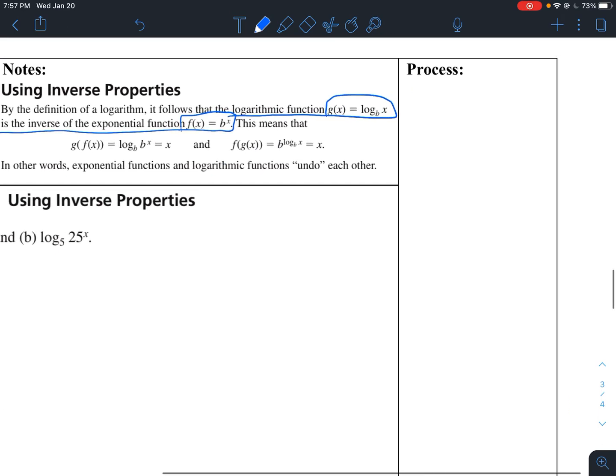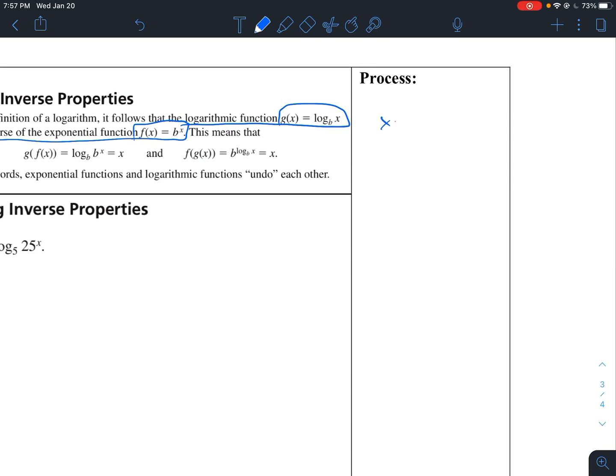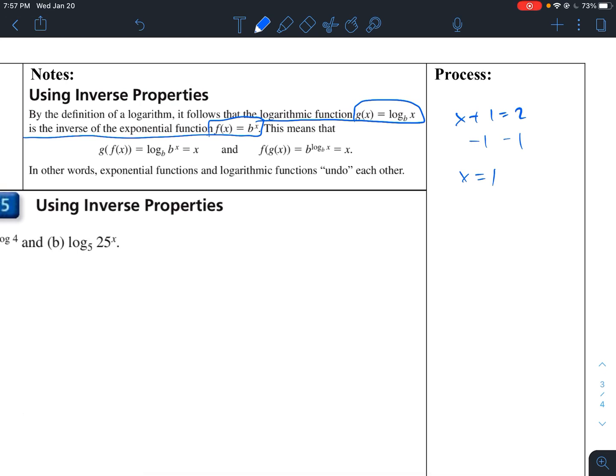It's the same thing as taking x plus 1 equals 2. To undo this, I have to subtract 1 from both sides, so x would be equal to 1. Similarly, we can use these inverses to help us. So make sure you understand what's going on here.